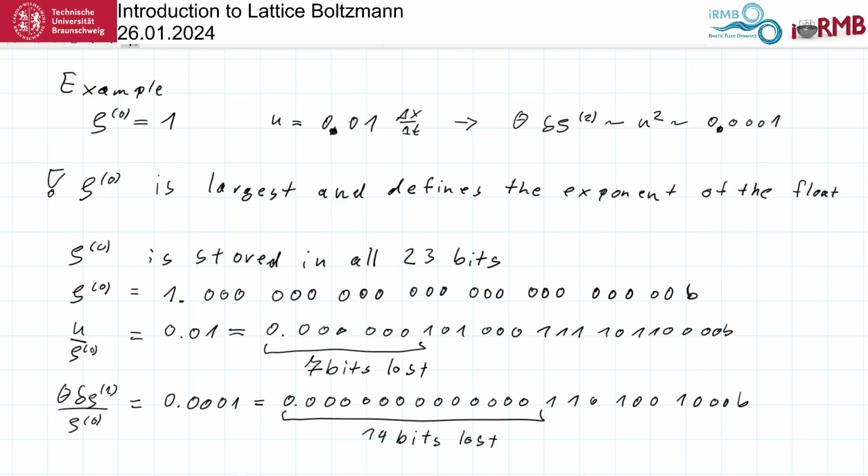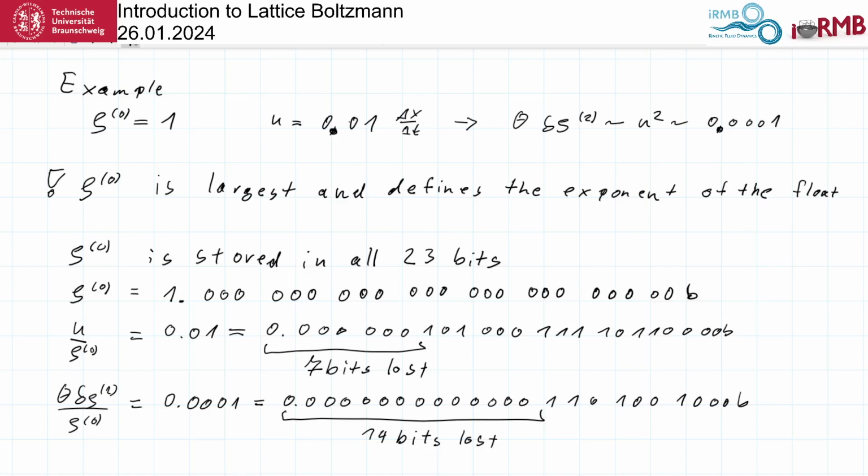You have 23. That's more than half of it. Say lost, it's generally unavailable, because it's everywhere not available. We have not done any computations with it.